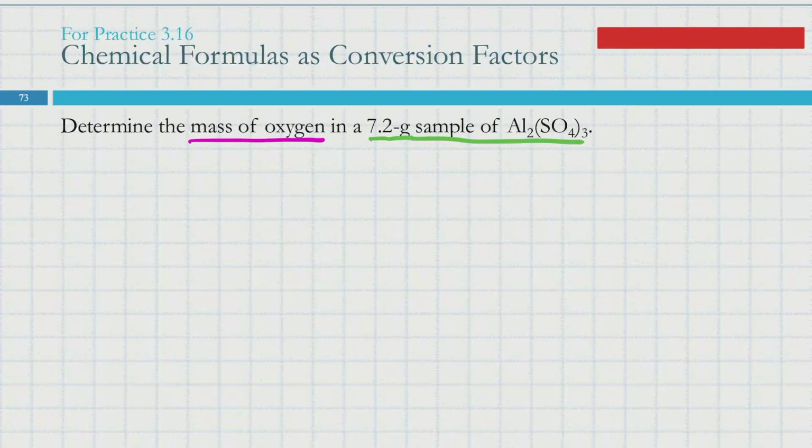So we're starting with grams Al2(SO4)3, and we're trying to get to grams of oxygen, O.